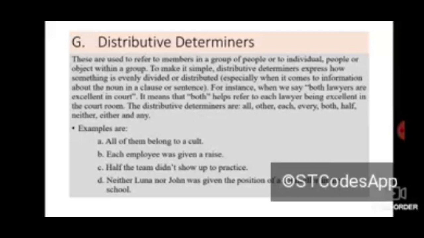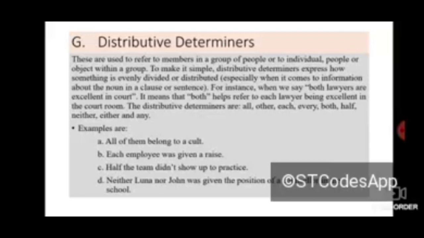For instance, we say, both lawyers are excellent in court. The both there is the distributive. It means that both helps refer to each lawyer being excellent in the courtroom.